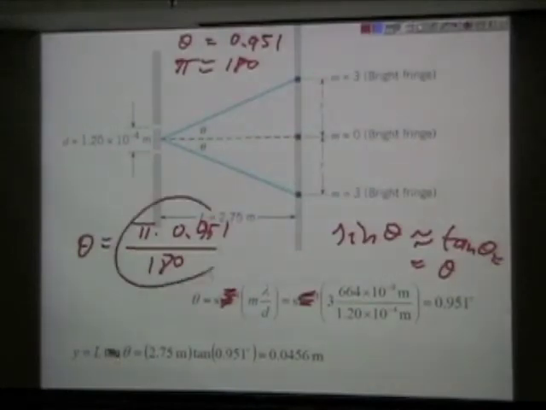You just need to use radians. And in that case, you don't even need a calculator, basically. Okay? A little trick. But that works only for the double source and double slit situations, and we'll see soon a single slit situation. It doesn't work for diffraction grating, because for diffraction grating, angles are large.